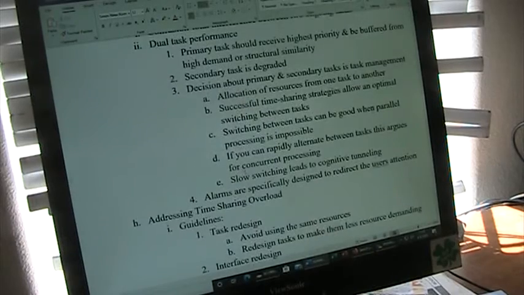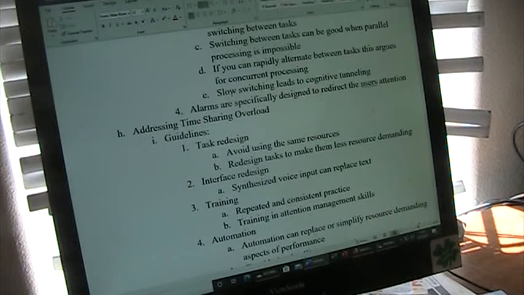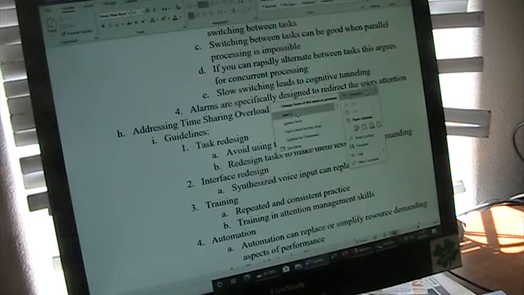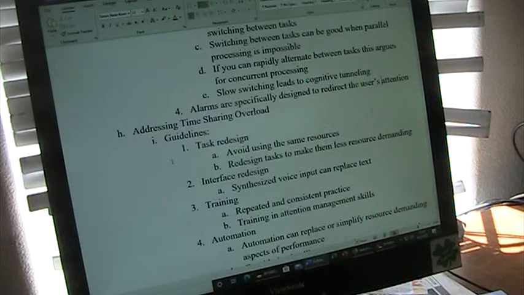But slow switching between tasks leads to cognitive tunneling, where we may be giving one task a lot of attention and the other not very much at all. Alarms are specifically used to redirect our users' attention. And what do you want to do there? All right, carry on with that.